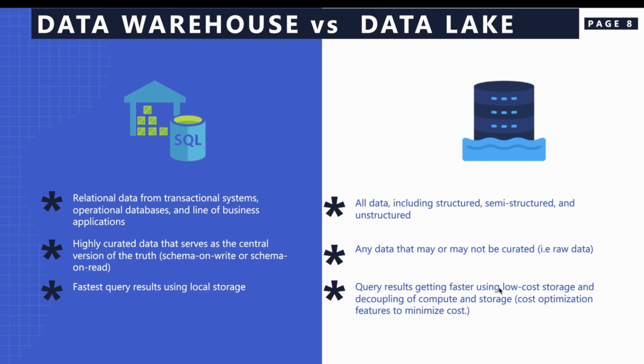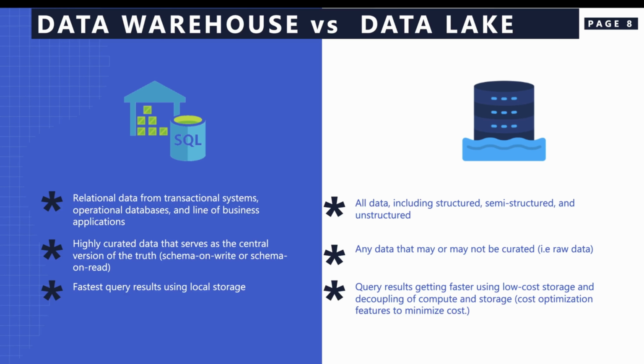In a data lake, query results get faster using low cost storage and decoupling of compute and storage. A data lake optimizes its query results using low cost storage, which you can understand as the data lake using some data compression technique, and also decoupling of compute and storage.